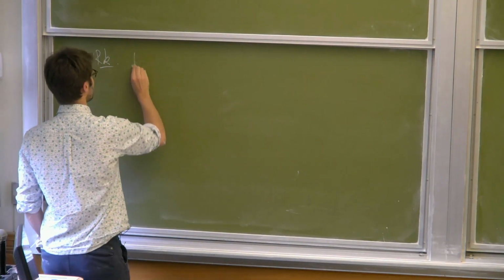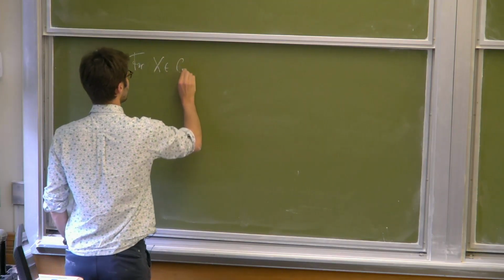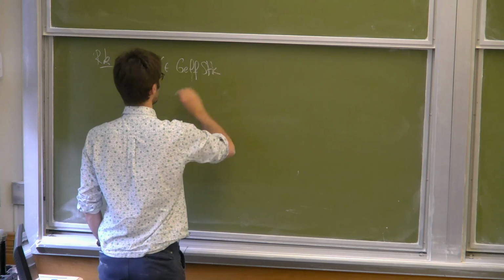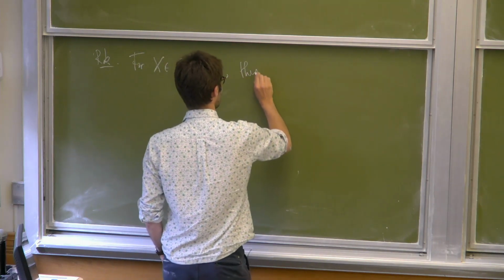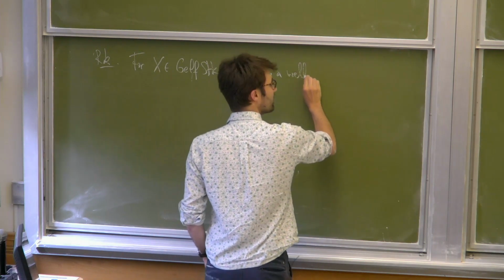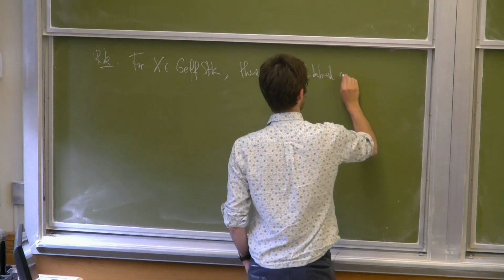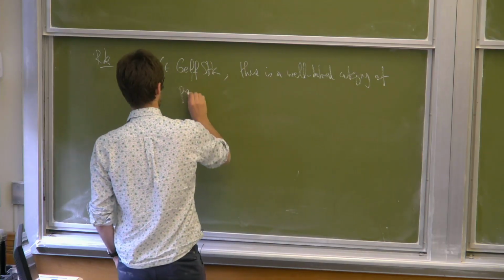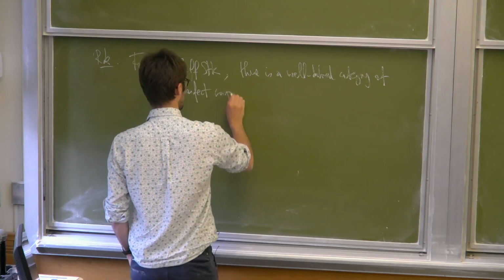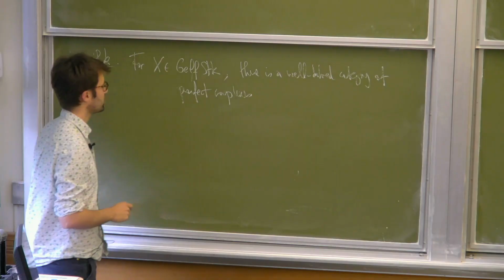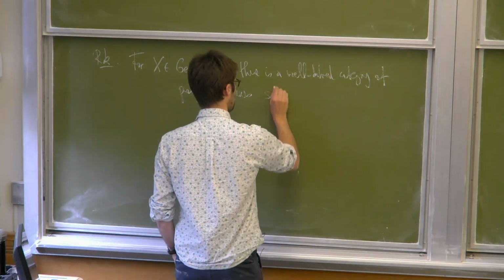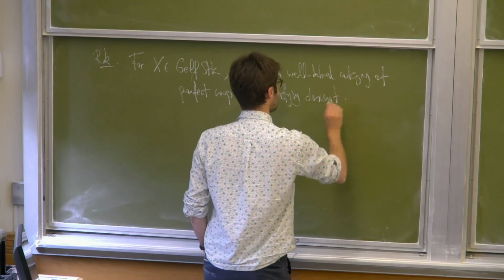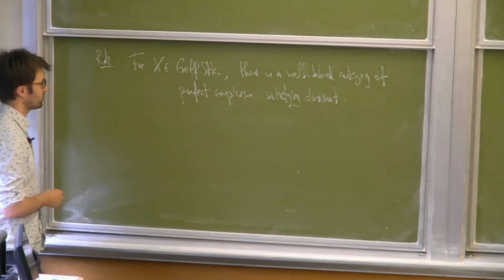That for a Gelfand stack X, there is a well-behaved category of perfect complexes on X, which is a subcategory of quasi-coherent sheaves on X, satisfying descent for the Schrick or descendable topology.